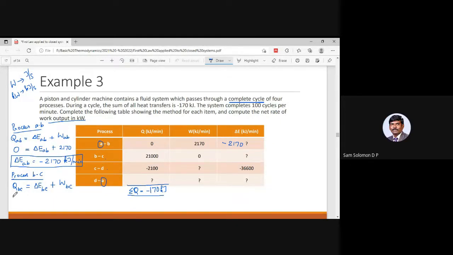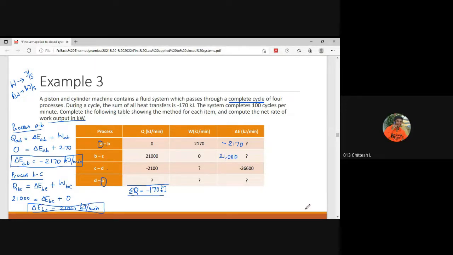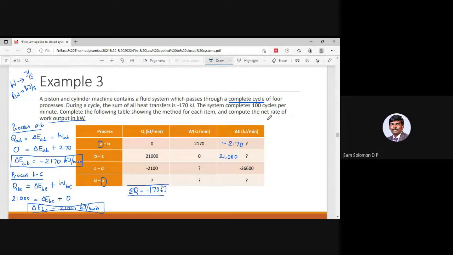So QBC is 21,000. Work done is 0. So delta EBC, what is the value? Positive 21,000. Units? Kilojoule per minute, sir. Very good. Thank you.